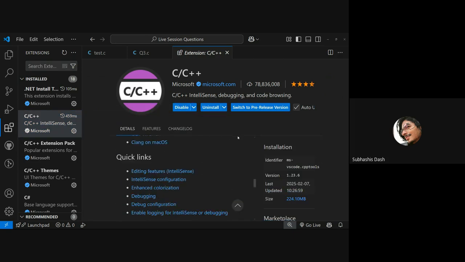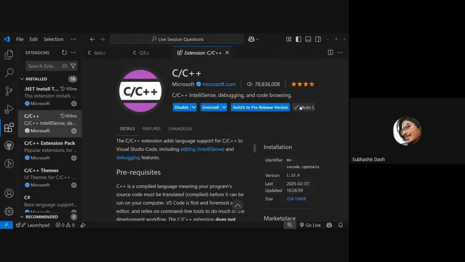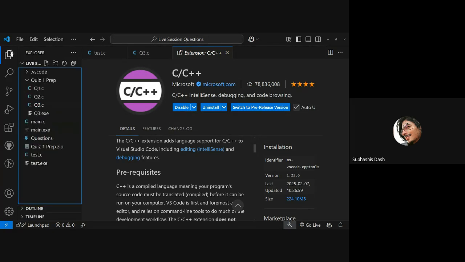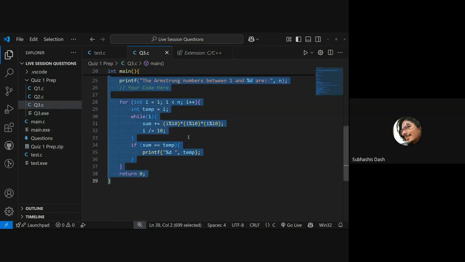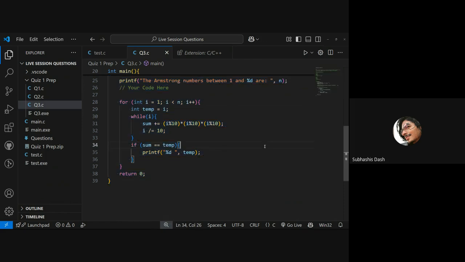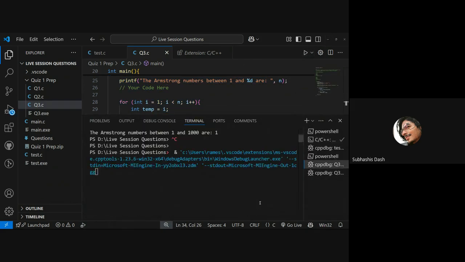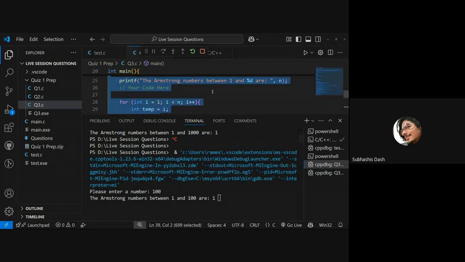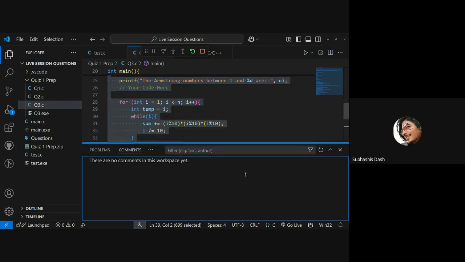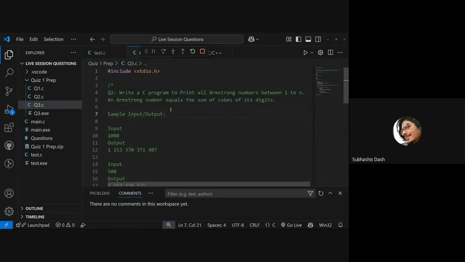Okay, leave it. What you can do is I'll just paste the question in the chat, and after that you can try it out on your own. Raised to the power of digits in that same number.